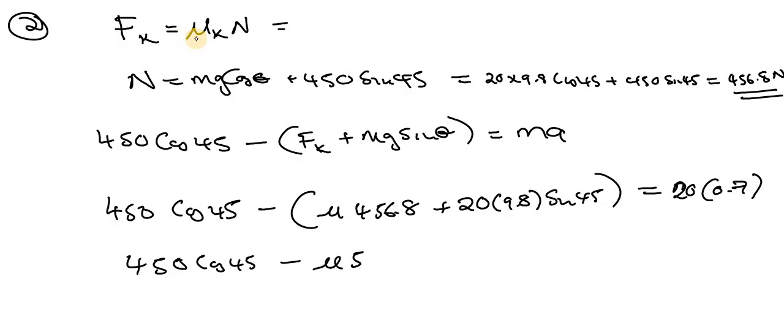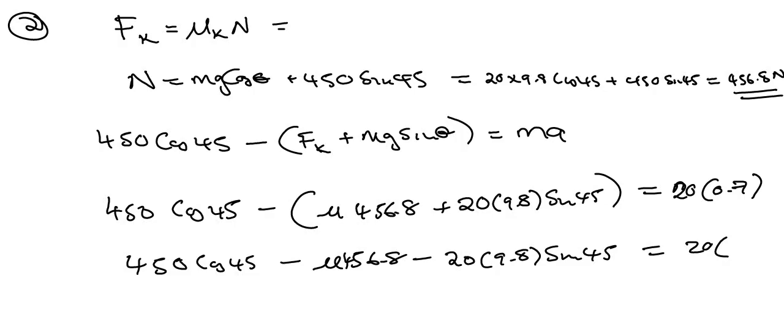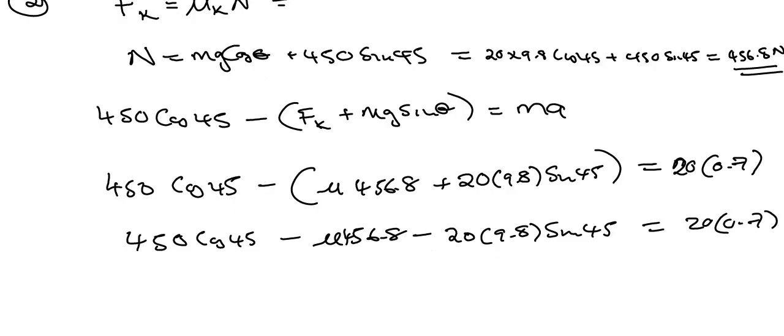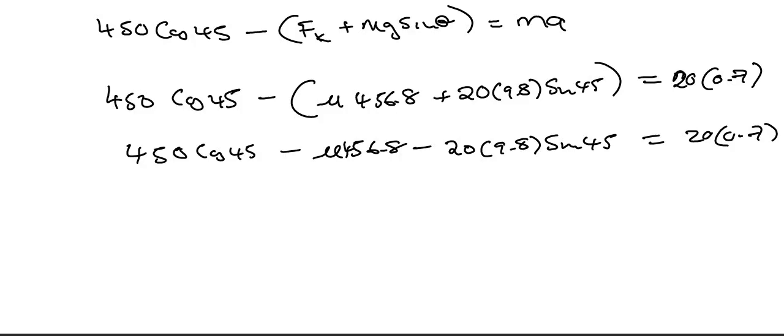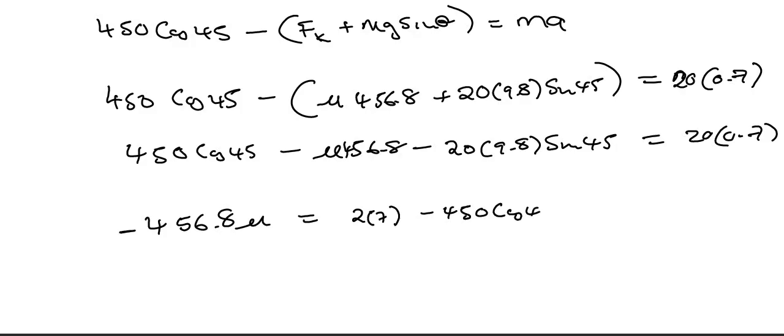That's for 456.8, then minus 20 times 9.8 times sine 45 is equal to 20 times 0.7. That's our acceleration. So here we can make mu the subject. Negative 456.8 mu is equal to 14, then minus 450 cos 45 when it goes this side, then plus 20 times 9.8 sine 45.